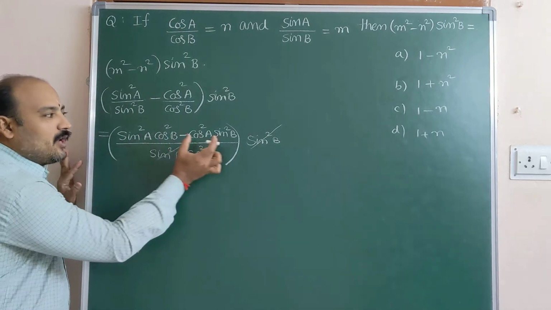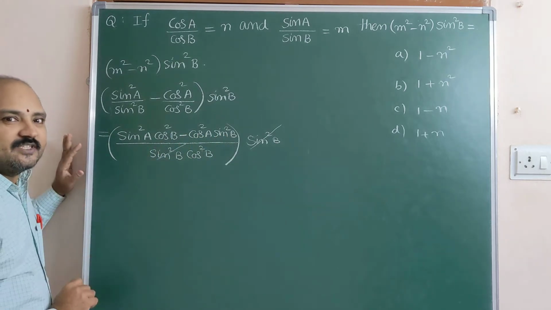So this value whole square minus this value whole square, a square minus b square.